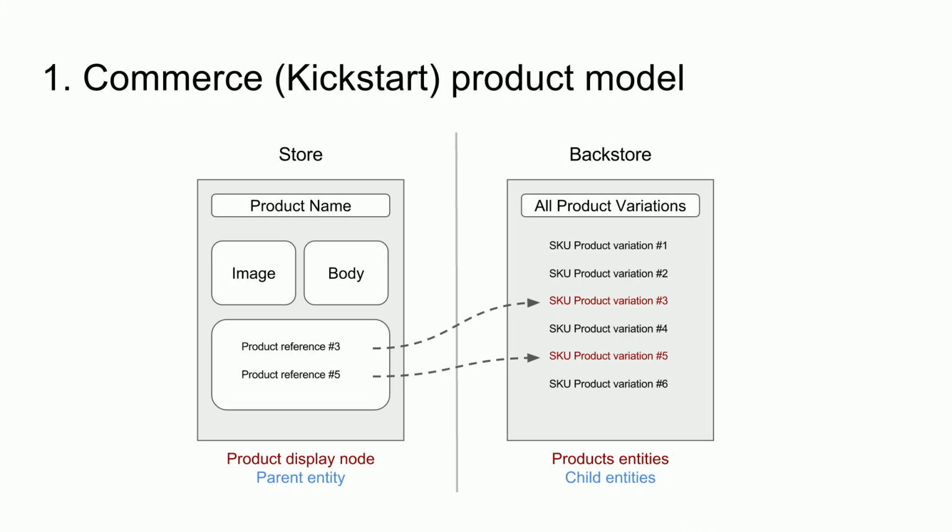So the description is in the node. Because if you're selling a Drupal Camp Montreal t-shirt, the description of that t-shirt is the same if it's a large, a medium, or a small, right? It doesn't matter. So that's why the description is in the node, not in the product.